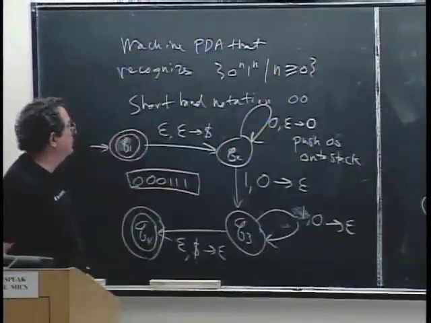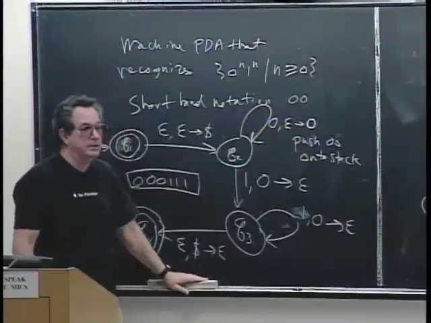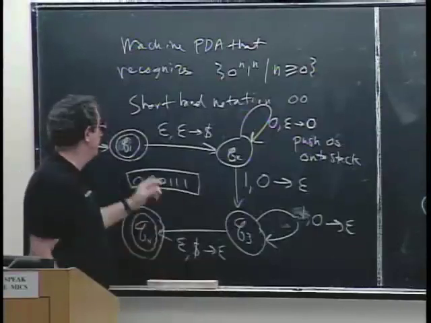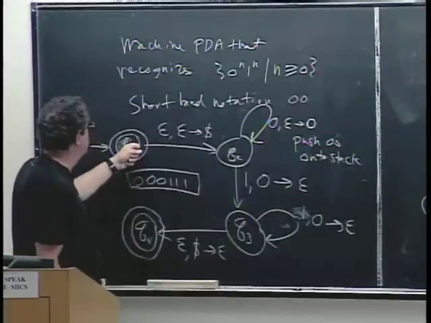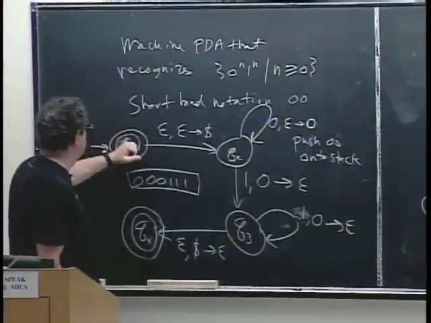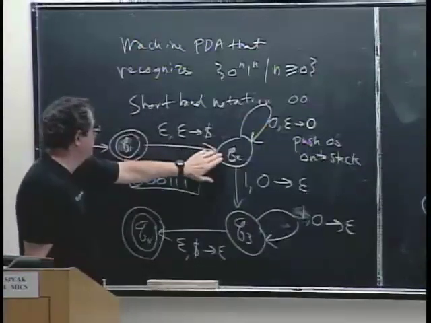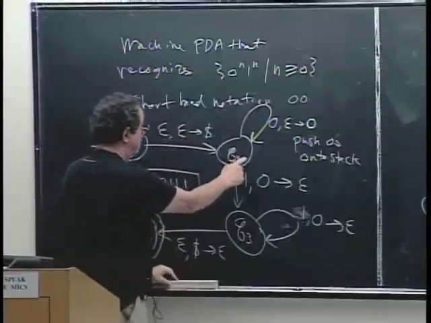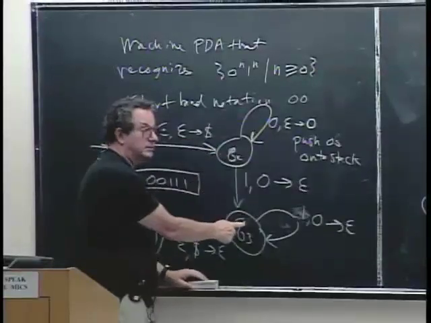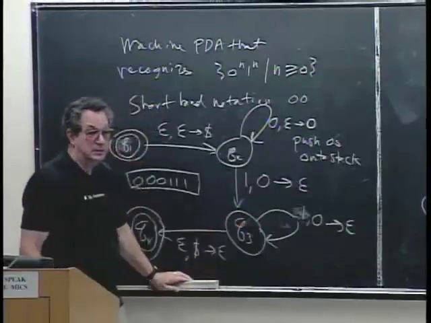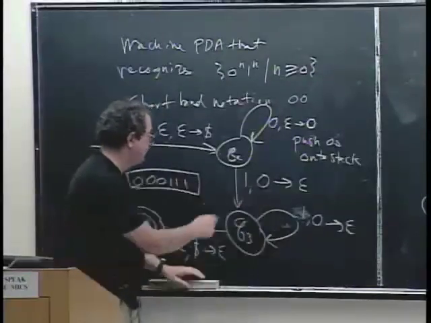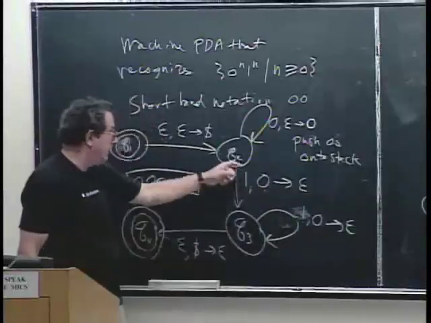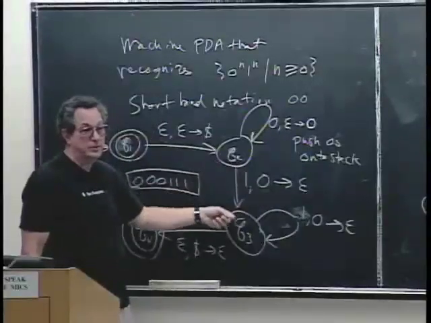Okay, but suppose it had no zeros, but the first character is a 1. Well, oh, sorry, it will go this way, absolutely, because this is just an epsilon, epsilon. It goes here, there's a 1, so it goes there. Oh, yes, right, sorry. Here it will not go there because it checks to see a 0 in the stack, and so it can't follow that transition rule.